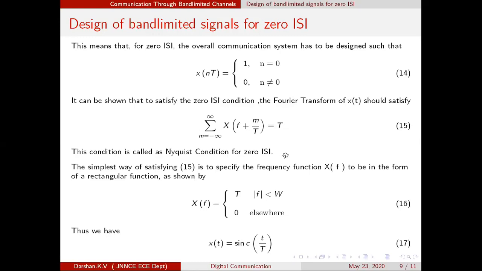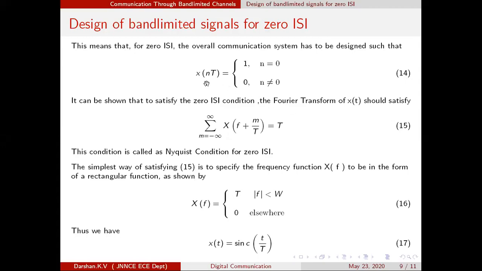Remember one thing, in the entire analysis of this module, we will give the time domain representation and also the frequency domain representation, so that you understand. In tomorrow's class, we will see what the value of x of t should be, such that equation 14 and equation 15 are both satisfied.